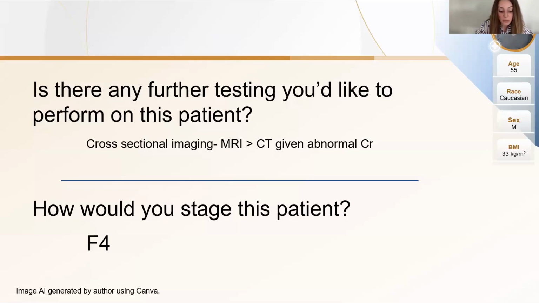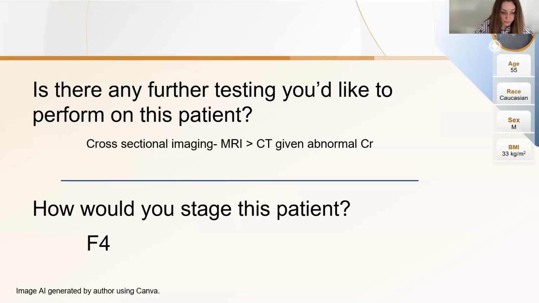And the staging will define the treatment options available to patients. Even though the clinical trial, MAESTRO phase 3, is still ongoing for patients with cirrhosis, for the time being, they are to be excluded from treatment with resmetirom. So is further testing necessary?